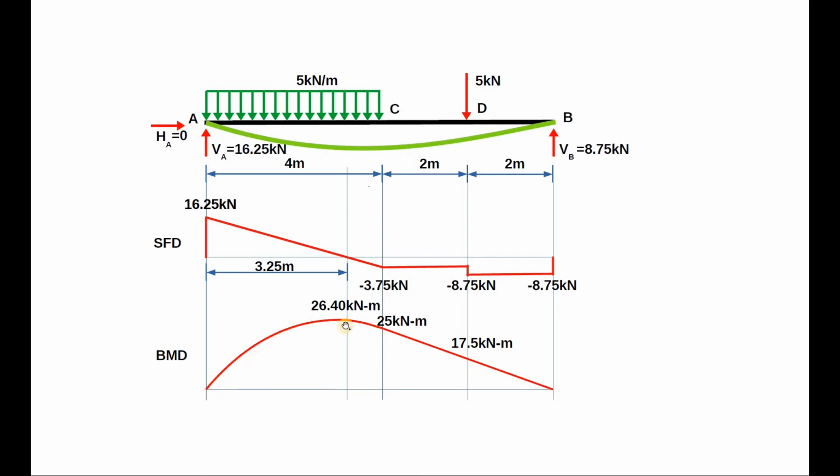Bending moment takes its peak when the shear force is 0. We need to calculate the maximum value of the bending moment at this point. The value of the bending moment is maximum when shear force is 0. We'll have to locate this point.